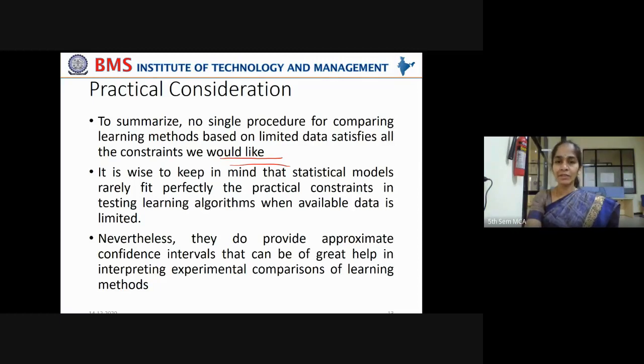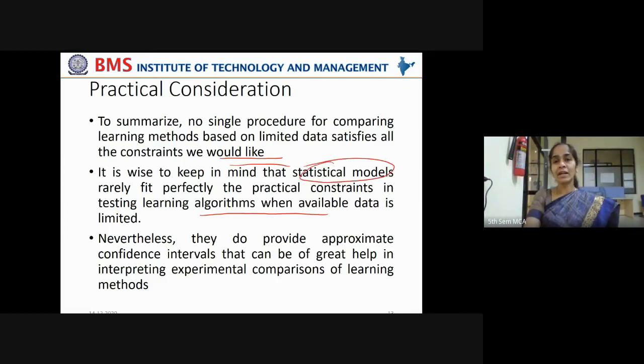Now, it is wise to keep in mind that statistical models rarely fit perfectly the practical constraints in testing learning algorithms when available data is limited. When the data is limited, they may not show compliance with the statistical models.